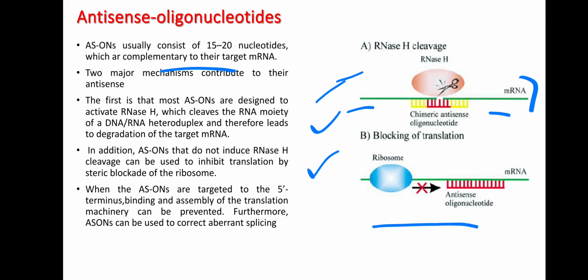When the antisense oligonucleotide binds to the mRNA, there is no ribosome binding site, and with failure of the ribosome to bind the particular mRNA, there is no translation. This is just suppression of protein expression, a failure of the central dogma. So this is another important approach for antisense oligonucleotides.